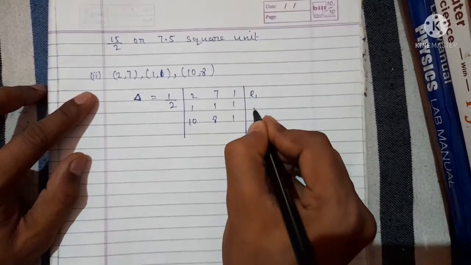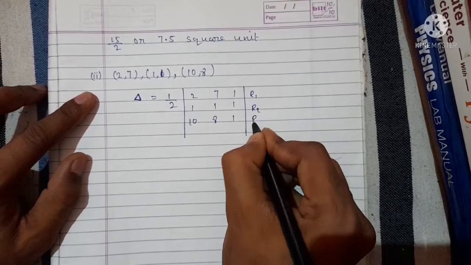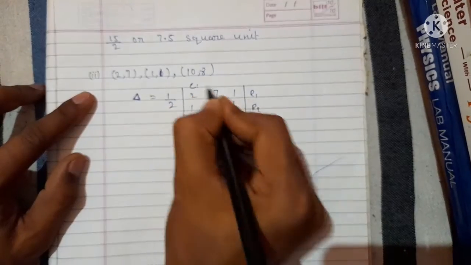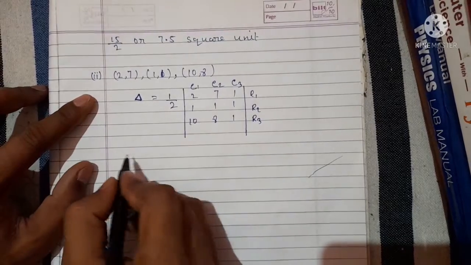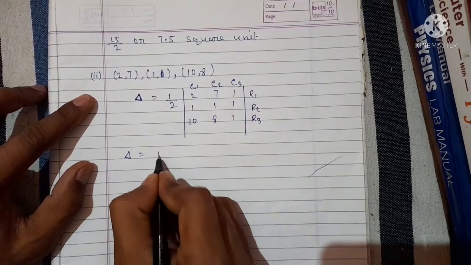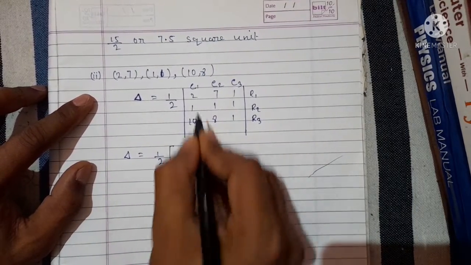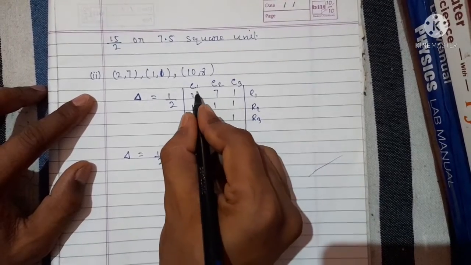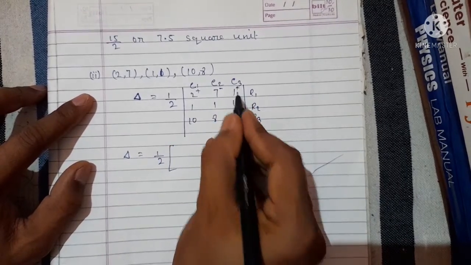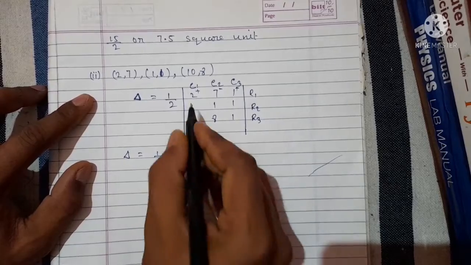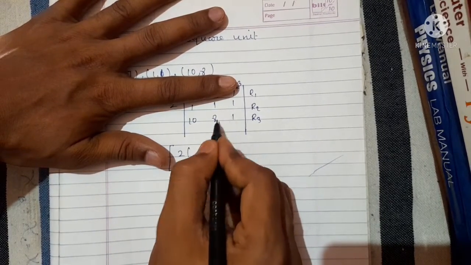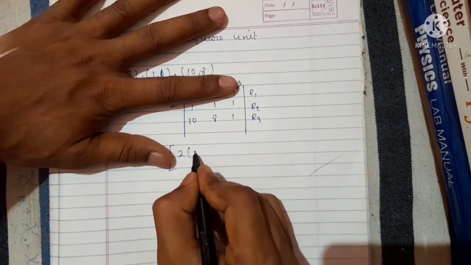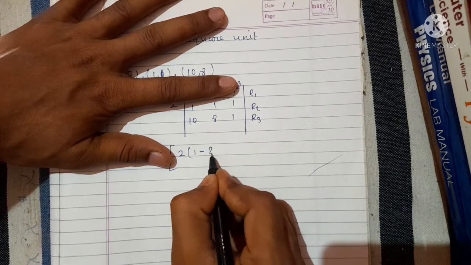This will be row 1, row 2, row 3, column 1, column 2 and column 3, right? Delta equals half into second bracket. The signs will be plus, minus, plus. So plus 2 into first row first column, 1 into 1 equals 1, minus 8 into 1 equals 8.